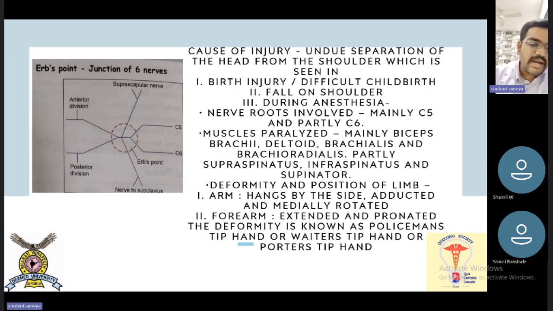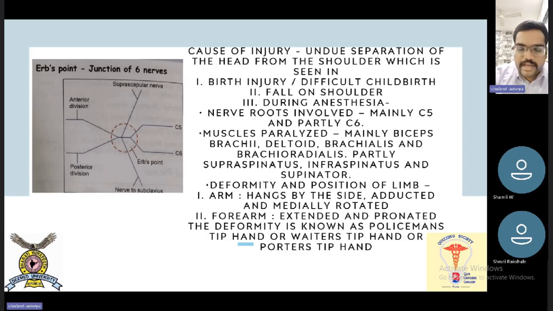Before going to Klumpke's paralysis, I would like to discuss the branches of the cords of the brachial plexus in brief for the mnemonic sake. Branches from the lateral cord can be remembered by the mnemonic LML: lateral root of median nerve, musculocutaneous nerve, and the lateral pectoral nerve.